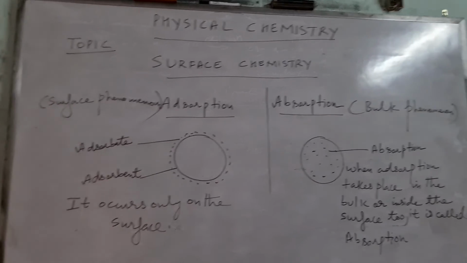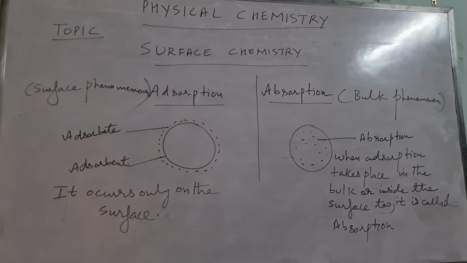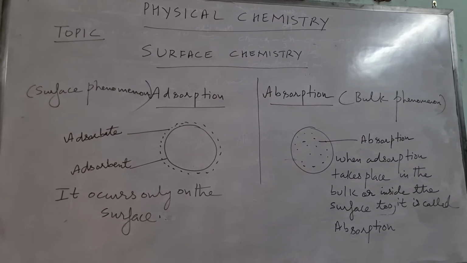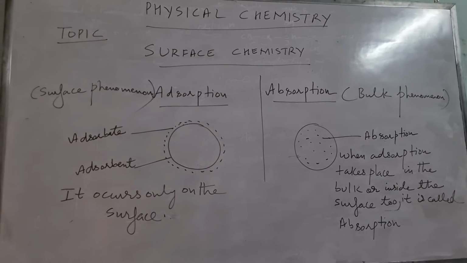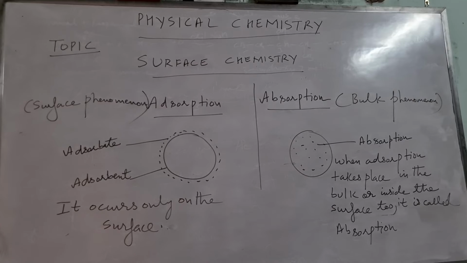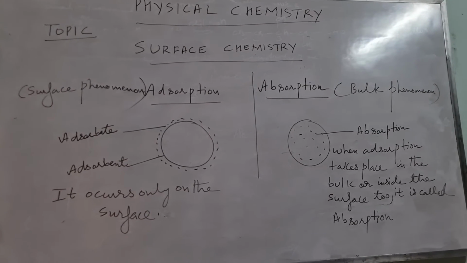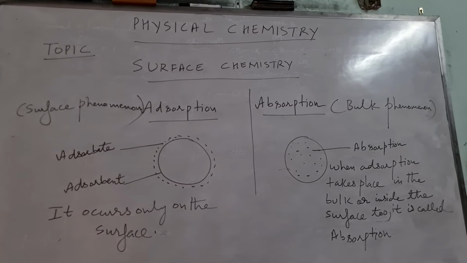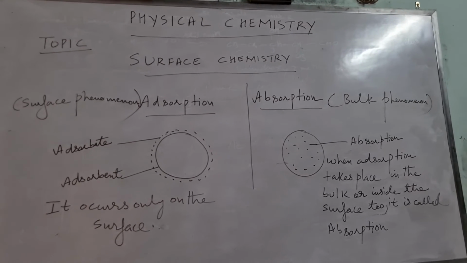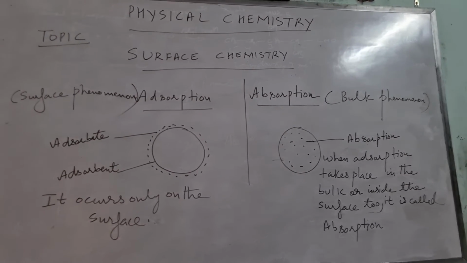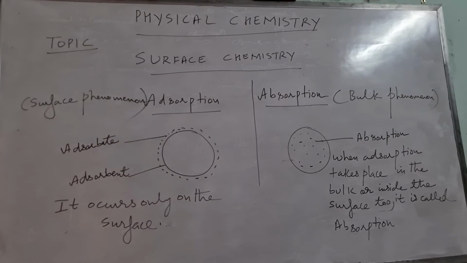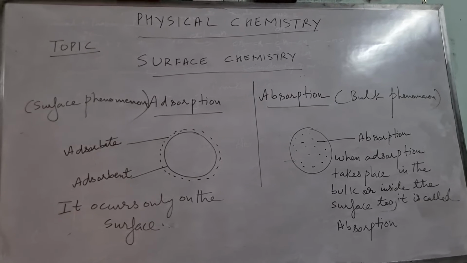Now, what will happen if we increase the temperature with respect to physical adsorption? As I have already told you, physical adsorption takes place by the formation of van der Waals forces, simple bonds, London forces. So, the moment you start increasing the temperature, the physical adsorption starts decreasing.